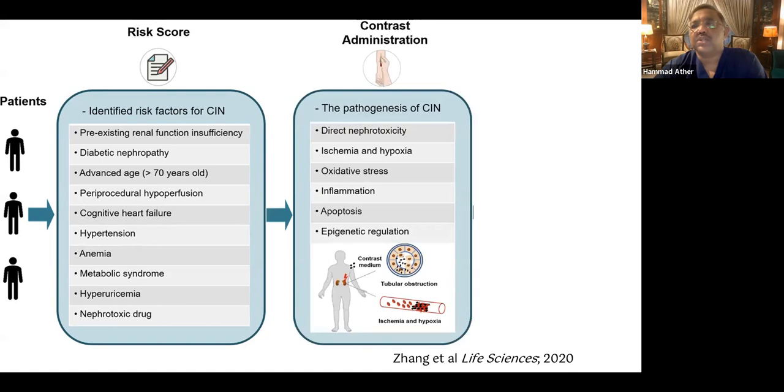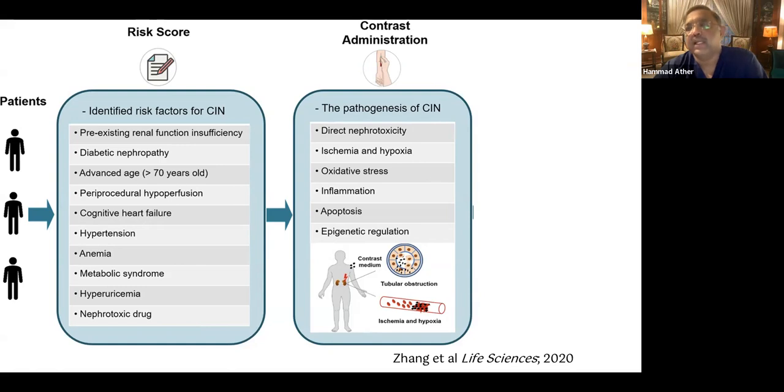Now, why contrast-induced nephropathy occurs is something that we have a clear understanding of, and I'm going to talk about it in the next couple of slides. So either it's direct nephrotoxicity of the contrast agent, or it is due to the ischemia and hypoxia that the contrast agent induces, which results in ischemic injury of the renal parenchyma, oxidative stress, initiation of inflammatory processes, apoptosis.